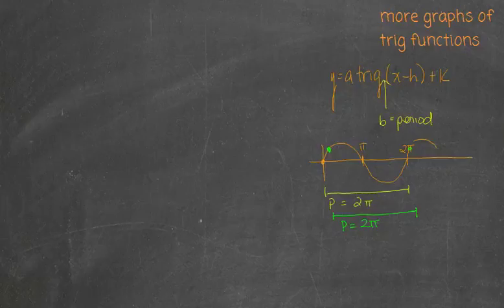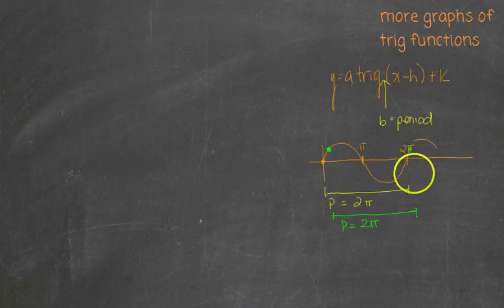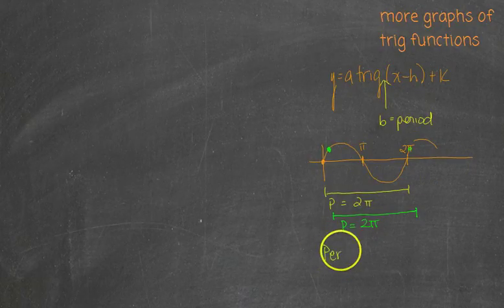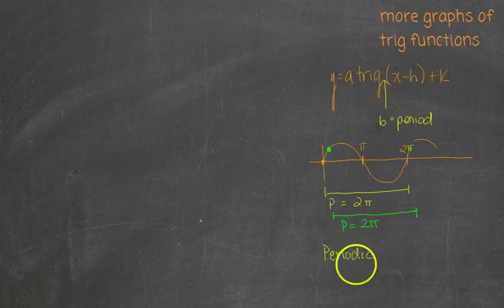Some of the other trig functions have different periods, and we'll look later at some of the others. We should say that all trig functions are called periodic. I trust that I don't need to explain the word periodic because we're talking about the period of repeat for a trig function.